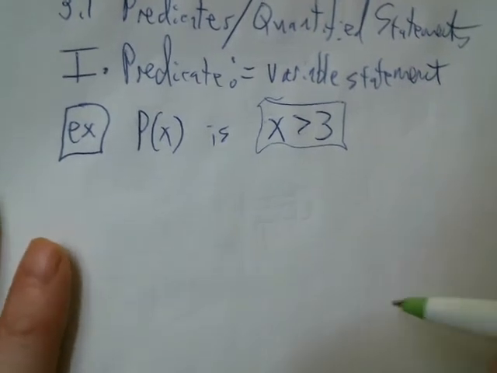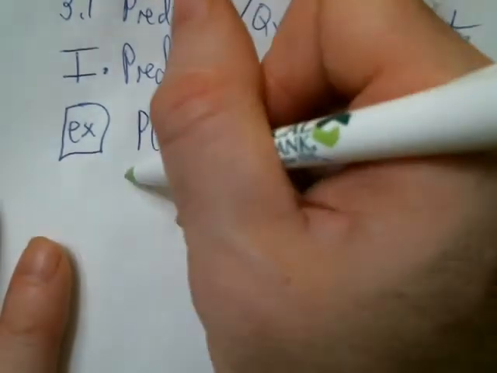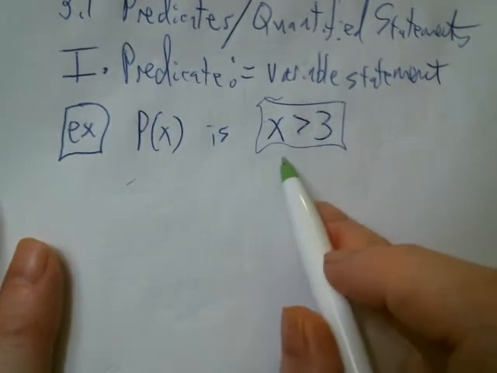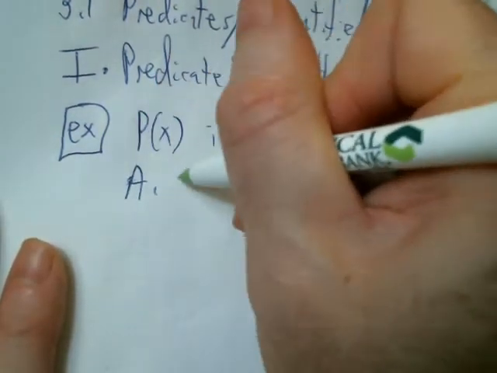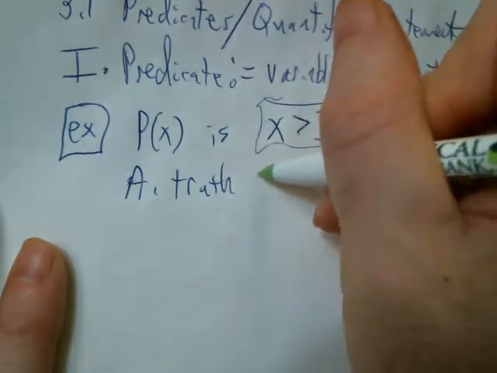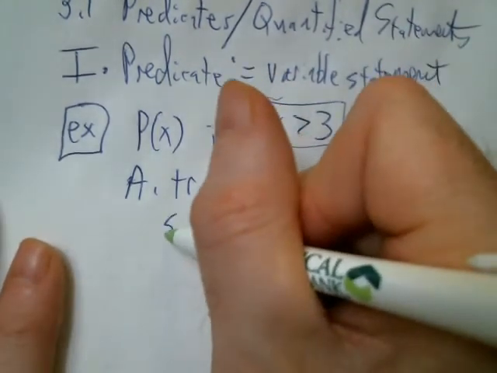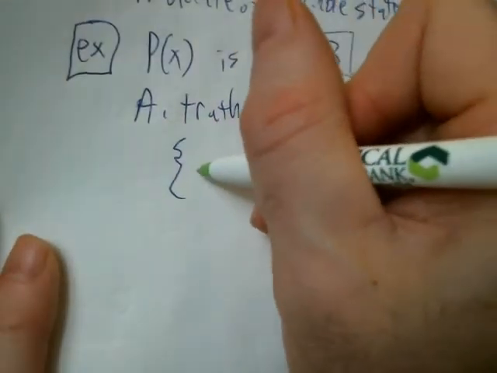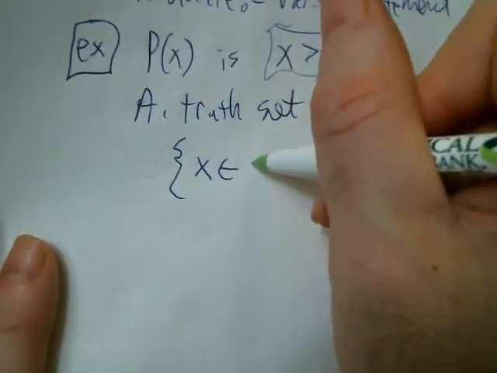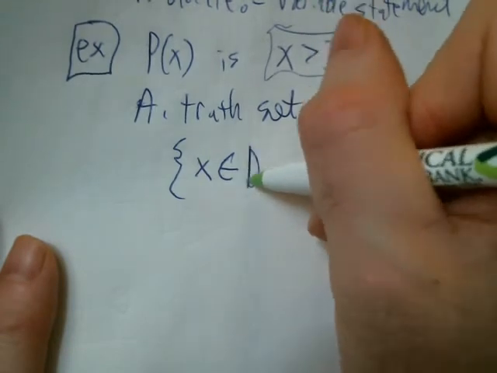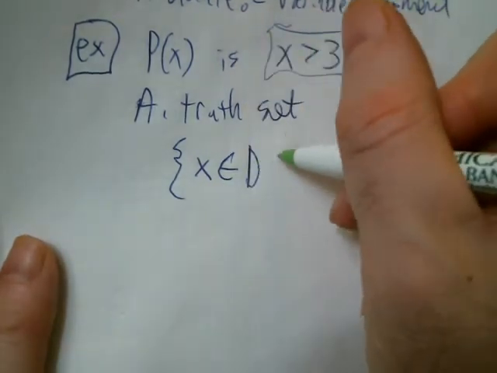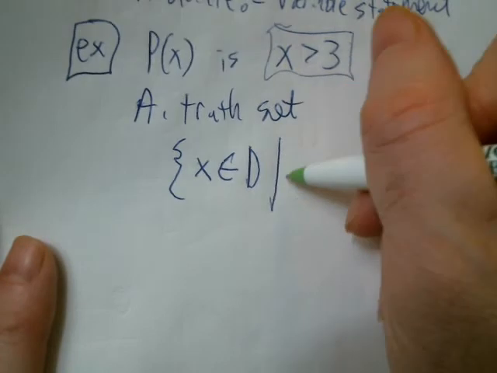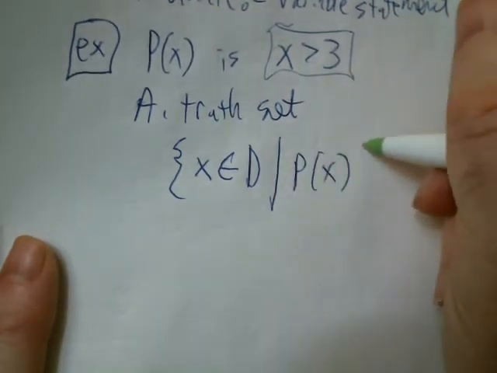We'll be looking for, in the beginning, the truth set for these things. So the values of X that make this thing true. So we have a truth set. We'll use set notation. If you don't know anything about set notation, chapter 1 has stuff on it. I'll try to fill in the gaps for you. This is the set of all X in some domain D such that P of X is true.